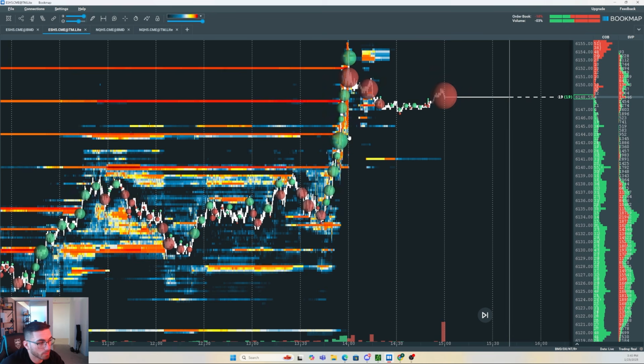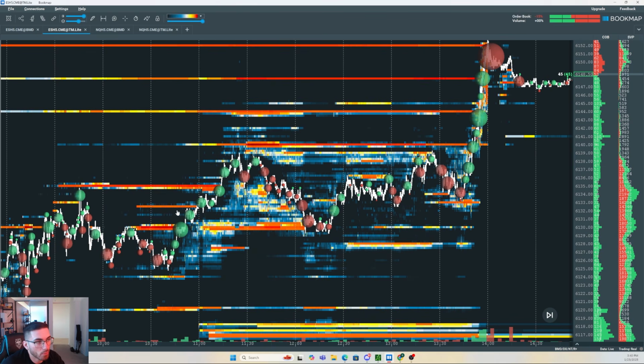So the larger this bubble is, the more aggressive the buyers or sellers are, and you can tell if they're buyers or sellers simply by the color. Red is going to be aggressive sellers. Green is going to be aggressive buyers. Compared to the passive buy and sell orders, we know that they're sell orders just if current price is trading below the shaded area, or if they're buy orders if price is trading right above the shaded area.